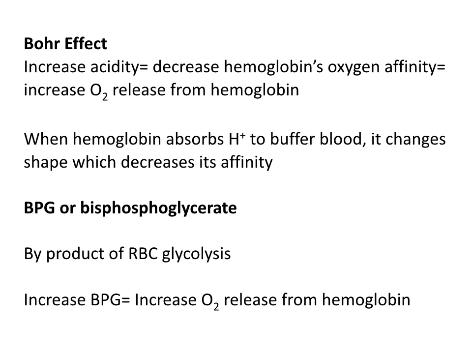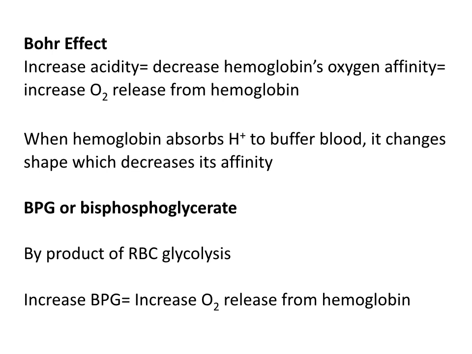The last factor affecting diffusion is BPG, which is short for bisphosphoglycerate. BPG is a product of red blood cell glycolysis. Now remember, your red blood cells produce their ATP solely by glycolysis. They don't use aerobic respiration.